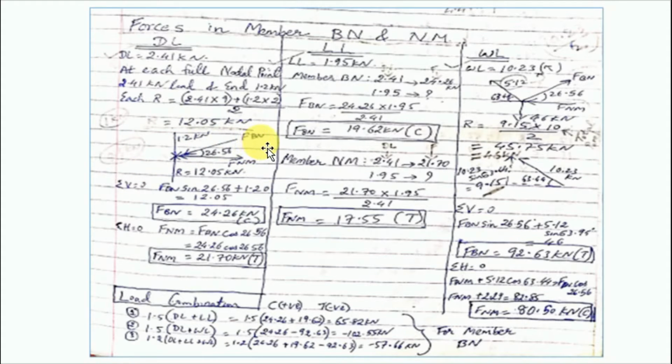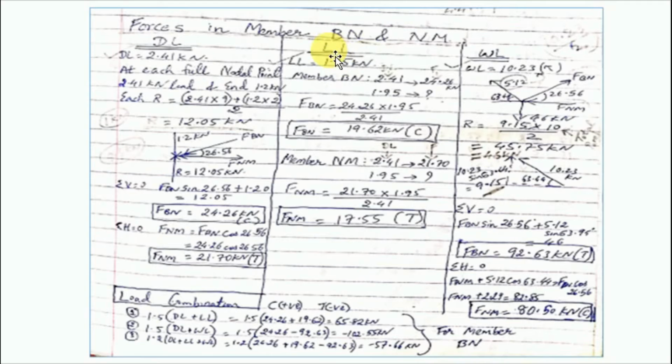Thus we get FBN, force in the BN member, and force in the NM member. Here you can see FBN sine 26.56 plus 1.2 equal to 12.05 is our reaction. Thus we have found the force in BN member as compression and force in NM as 21.70 kilonewton as a tension.